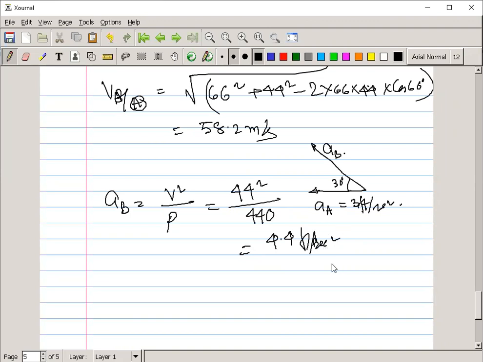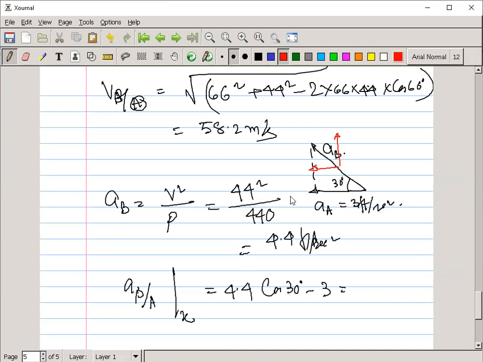So this is the acceleration of B with respect to A along the X direction, which is nothing but 4.4 cos 30 degree minus 3. From this figure, you can see easily that there are two components, one along this and one along the perpendicular, right?